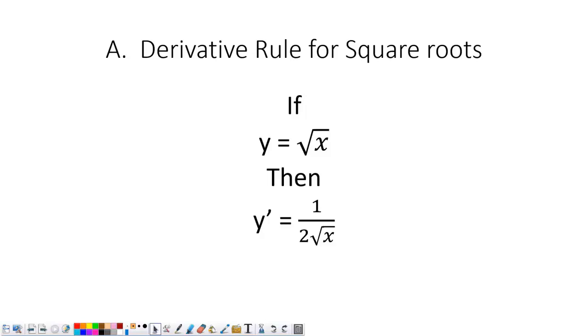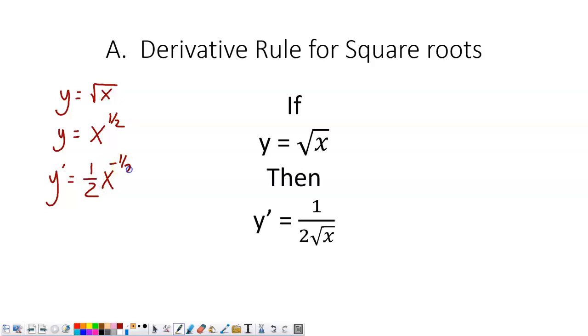Here's the shortcut for this particular square root thing. So we already know how to do this. We know that if y equals the square root of x, that means x is being raised to the half power. And so when I take the derivative, I put the half in the front, and I subtract 1 from my power.